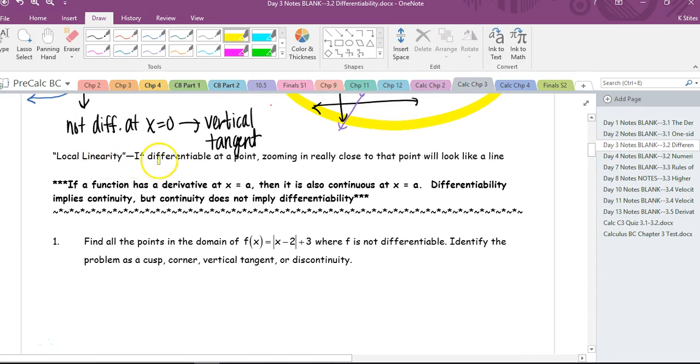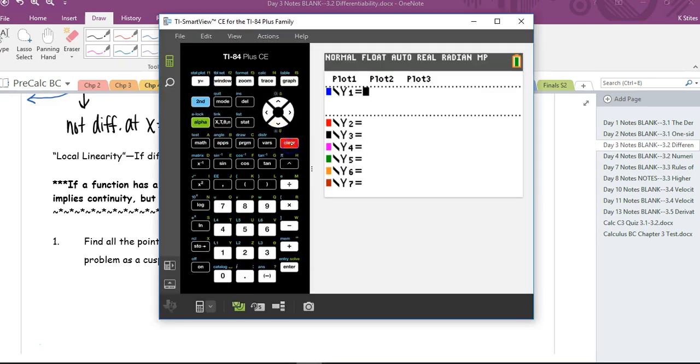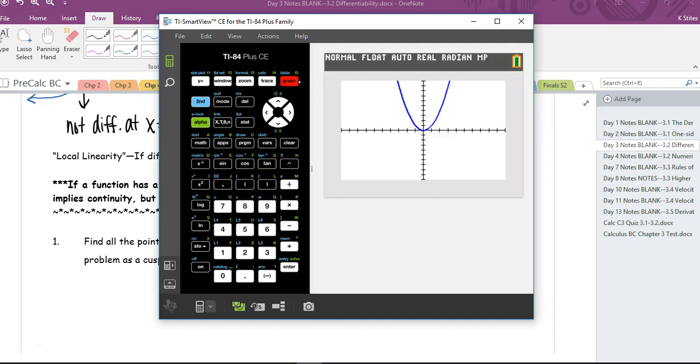All right, one more thing, local linearity. This is just an expression that says if you are differentiable at a point, zooming in really close to that point with your calculator will look like a line. So to give you an idea of what I mean here, if I just graph x squared, this is not considered a corner.